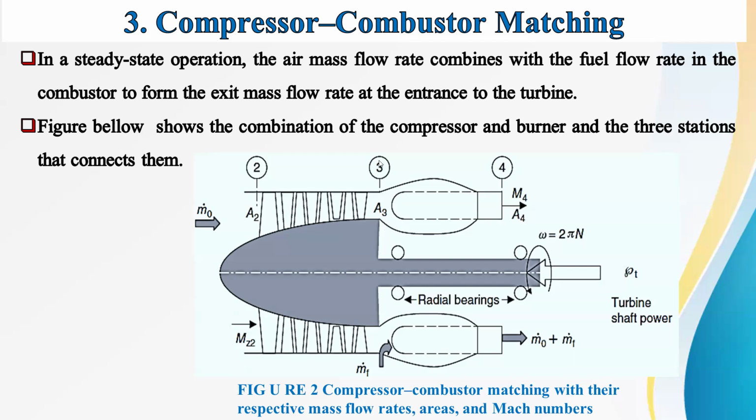In this diagram, the mass of fuel flow rate is represented by mf dot. Mass of air is coming through the compressor. And we have different components, shafts, radial bearings, and others. And the shaft is rotating with omega, which is equal to 2 pi n.